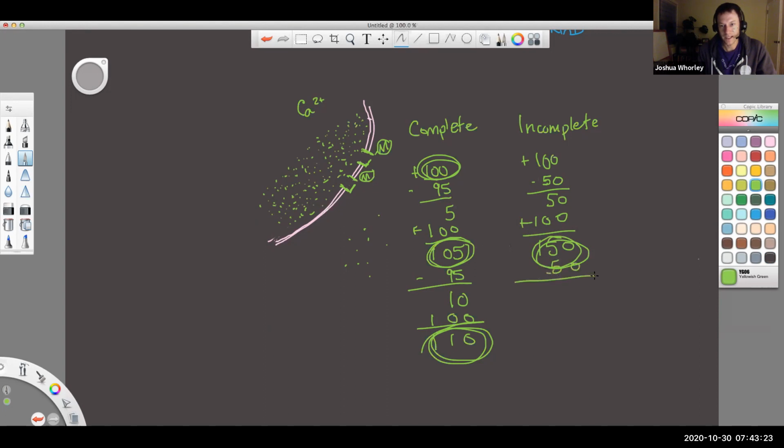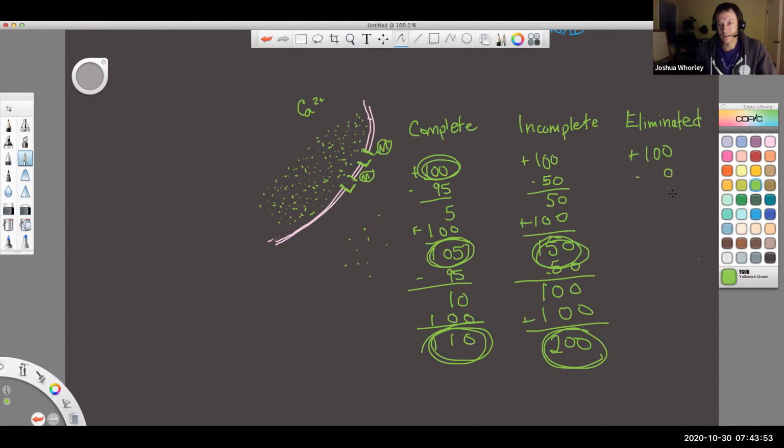And again, we reclaim 50, so we're at 100, and then we add another 100. You can see we just build tension a lot faster when we have the incomplete relaxation phase. And of course, with the relaxation phase eliminated, we get no reclamation at all, so it's just plus 100.